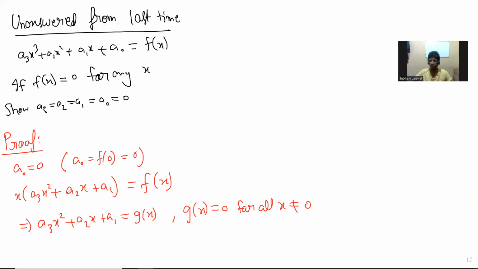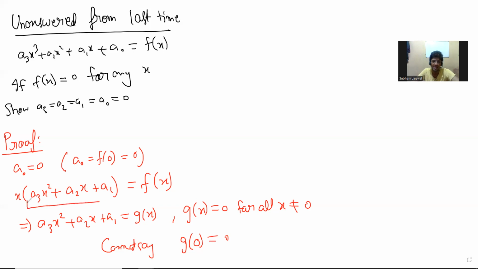That is the question, right? No, that is the thing, because when you put g(0), we cannot say that g(0) is 0. That is the difference, right?